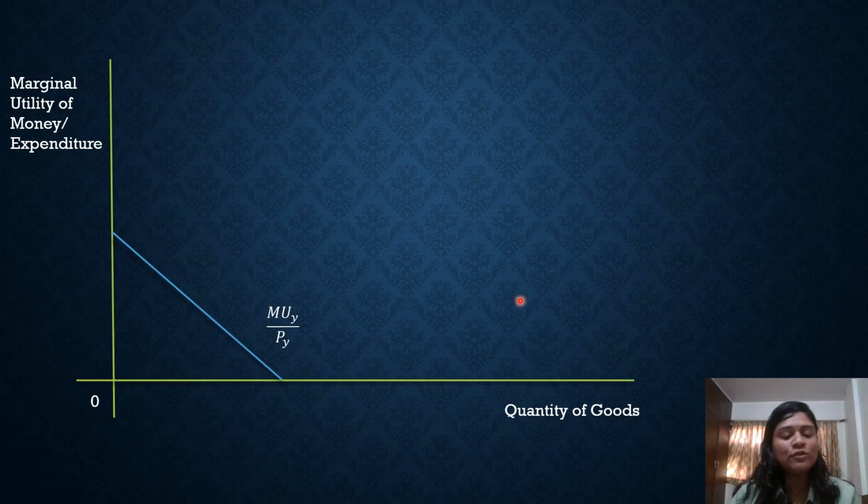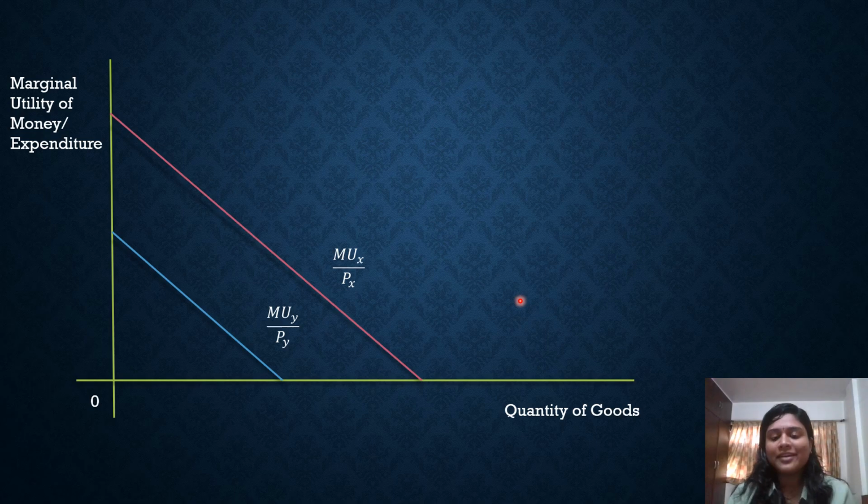It's a downward sloping curve since we know that as we increase the amount of vada pavs consumed, definitely the marginal utility derived from it is going to fall. Similarly, we have the marginal utility for samosas given by the downward sloping red line. Over here, we assume that the marginal utility of money is constant. Let us call it M of M.